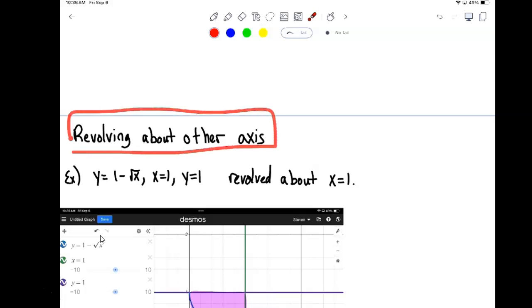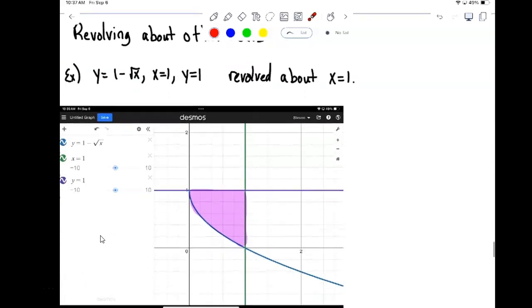That's going to be our idea. It's not going to be about some slanted line that makes things way too complicated, but rather just revolving about some other either horizontal or vertical line. Okay, so we can generate some other shapes by doing it this way.